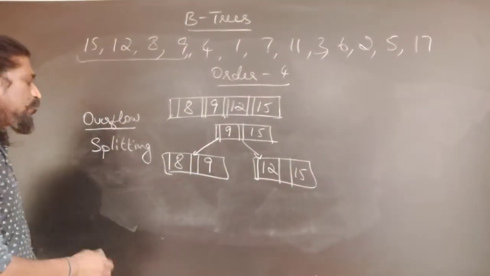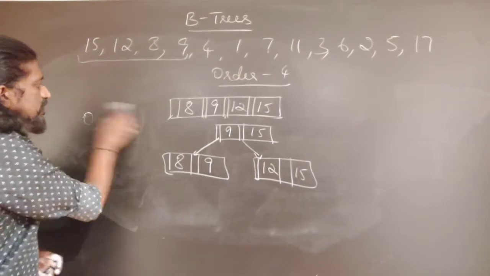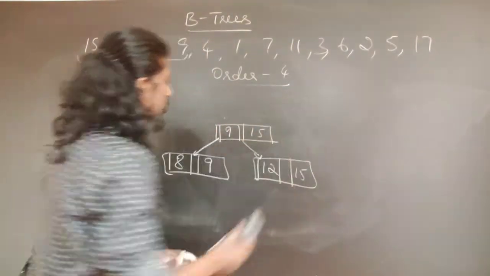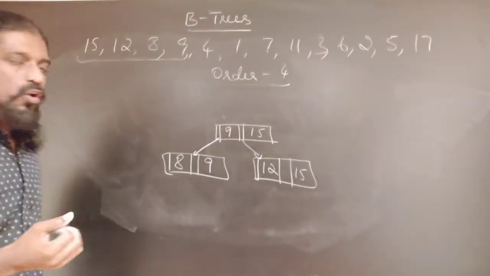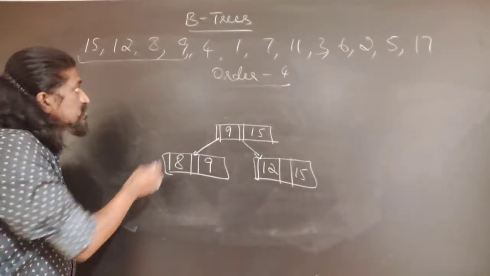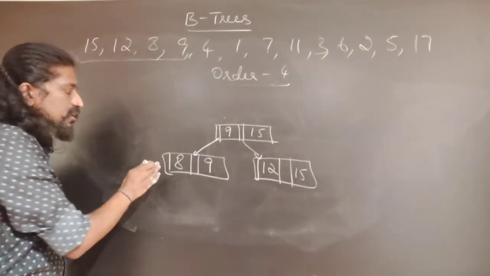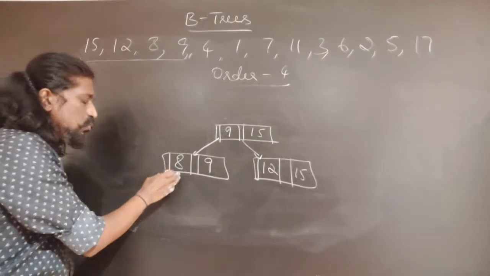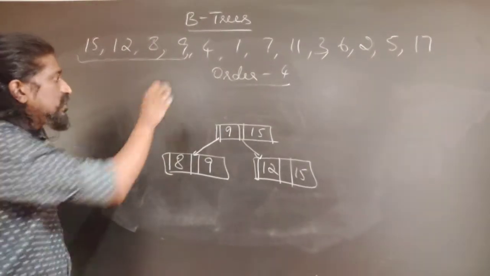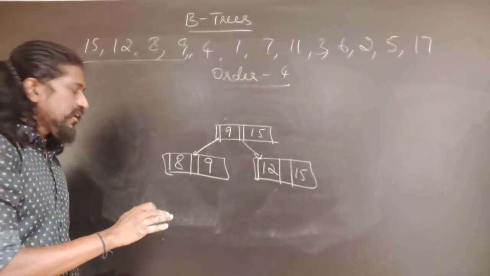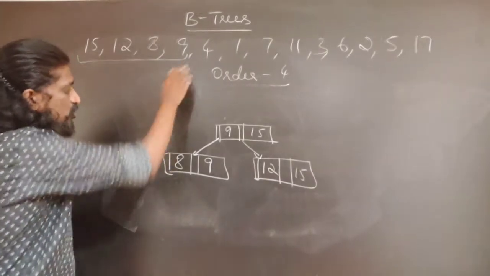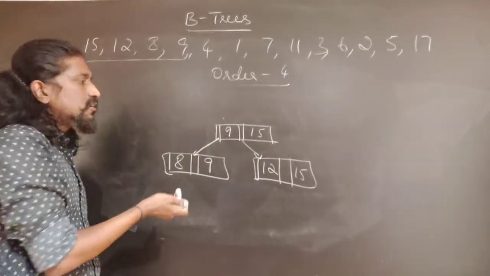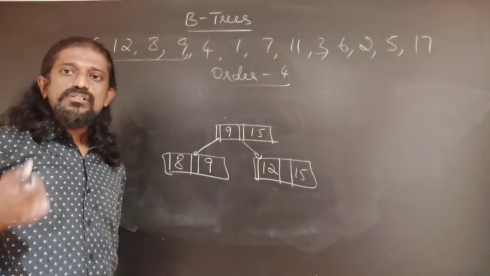So now when we insert 4, when we are inserting keys into a B tree, we need to look into some cases. What are those cases? Suppose the key that we are inserting to a node of a B tree is not the largest key in that particular node. Then we are just simply going to insert it in the sorted order and leave it. See 4. So how do we insert 4? Searching is just like how we search in a binary search tree.